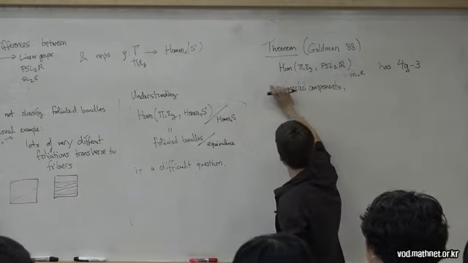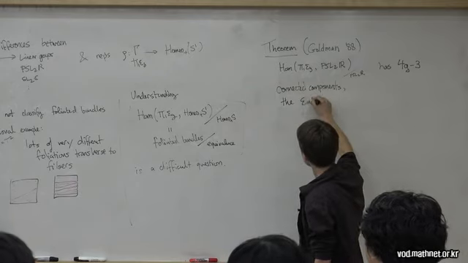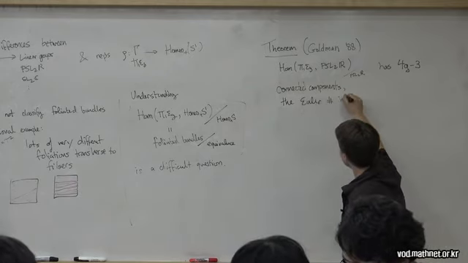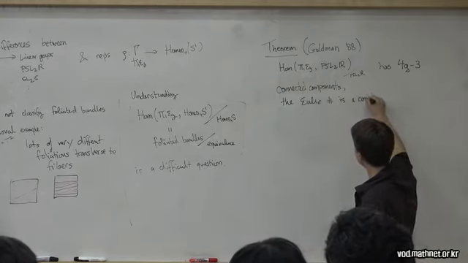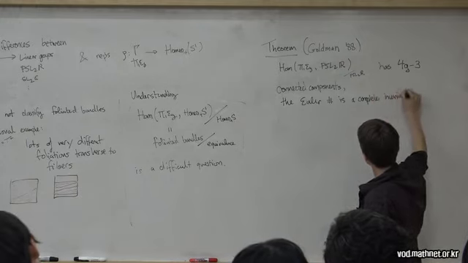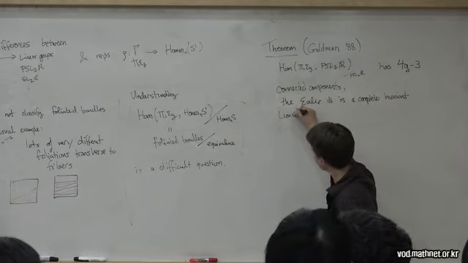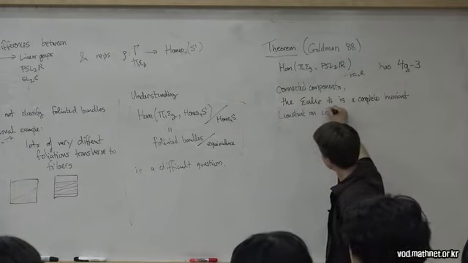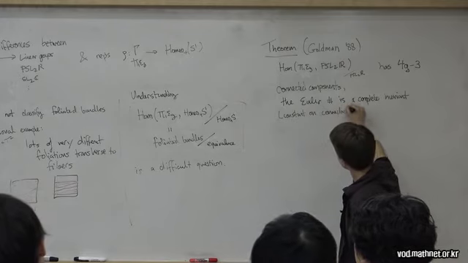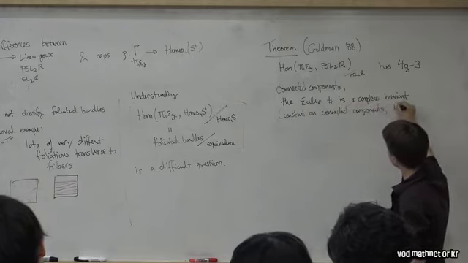The Euler number is a complete invariant. So it's constant on connected components. And it distinguishes them.